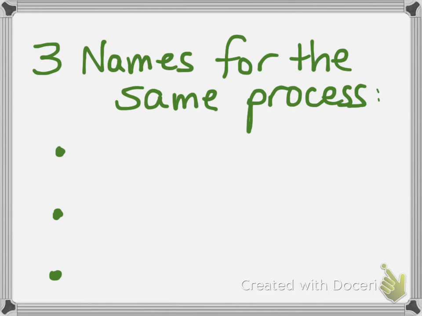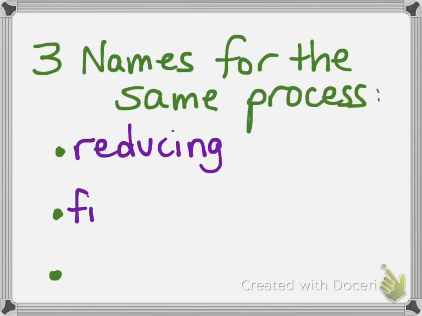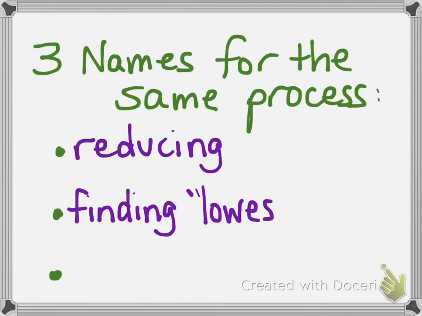So, just so we can order this information we just heard, there are three names for the same process. The first one is, of course, reducing. You will hear people say, reduce your fraction. The next thing, finding, or even reducing to, lowest terms.